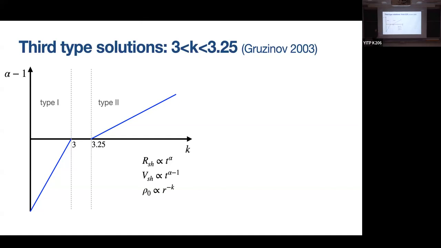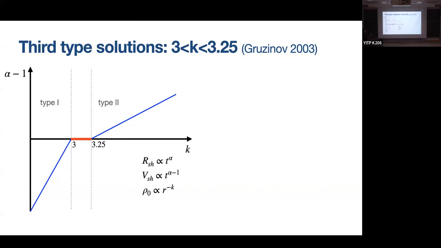Alpha - 1 is 0. So he said, okay, the simplest thing that I can do is just do that inside the gap region: the shock always moves at a constant velocity, because it doesn't make sense that it would do anything else. This is the result that makes the most sense.